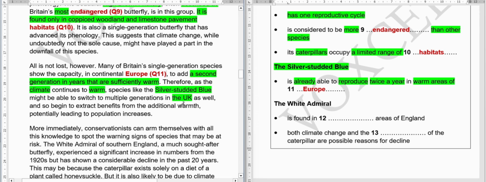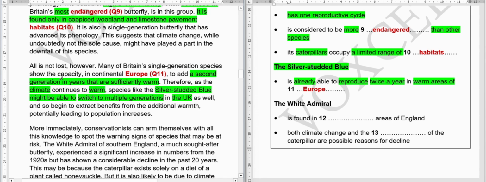Here they have said might be able to switch to multiple generations. Might be able to means it may happen, but if it happens, it will happen in the future, not right now. But the question is already able to reproduce. It can happen in future, but we are not sure. So you have to be very careful about that.